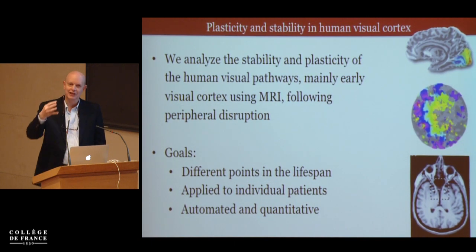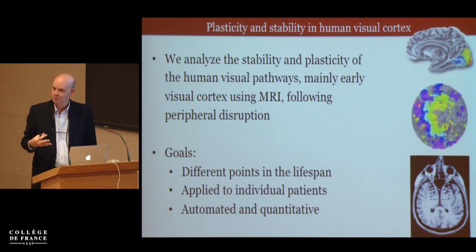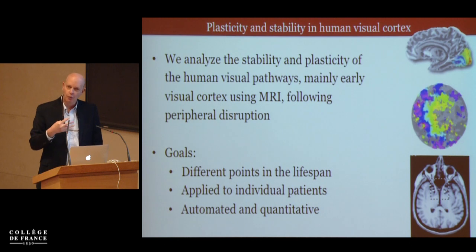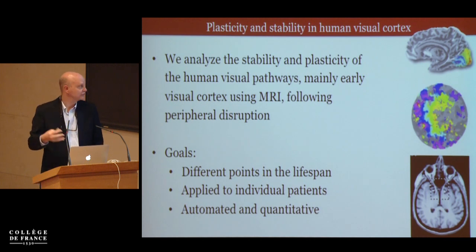If you live in San Francisco, or I gather from John, if you live in Boston, you're constantly hearing how the brain is plastic everywhere. And sure, there are parts of the brain that are plastic, and maybe there are parts that are plastic throughout the lifespan. There are also parts that just aren't that plastic. I see our mission as learning which parts are very flexible throughout the lifespan, which are not, when these things change from one state to another, and what the mechanisms are for that. So, points across the lifespan for plasticity and stability.